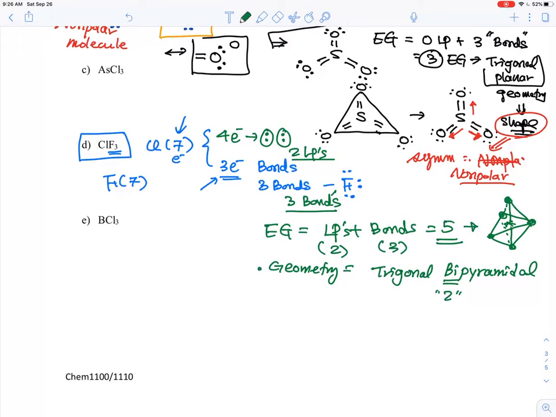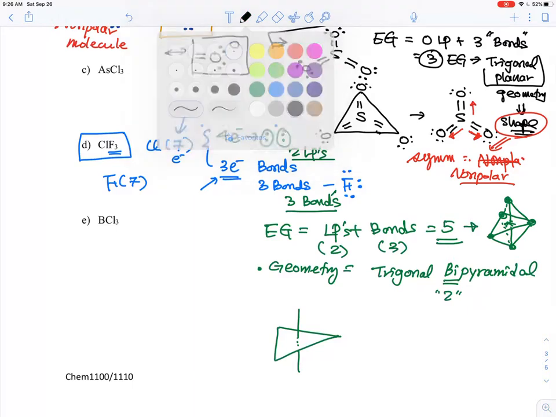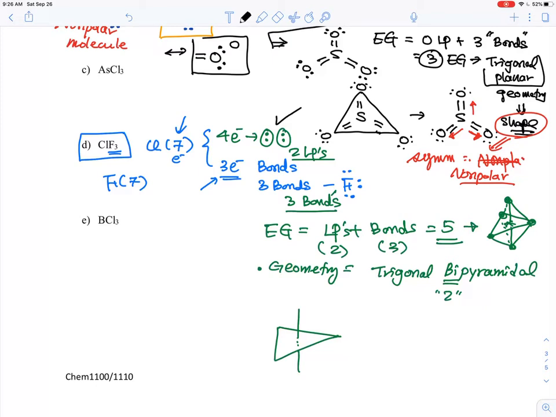So that's the geometry. But now we need to figure out where the lone pairs go, so once again, I'm going to draw the triangle. The triangle looks like this, and there is a bond up and a bond down. So this is how things look. And then where do I put lone pairs? Here are the lone pairs. I have 2 lone pairs, right? And so these go to the equatorial position, at the side of this plane.